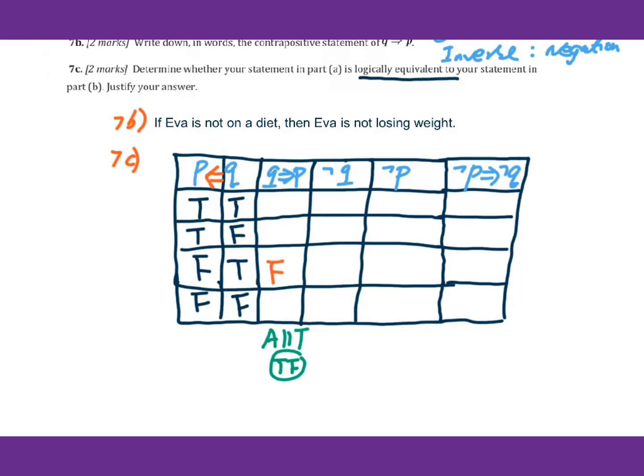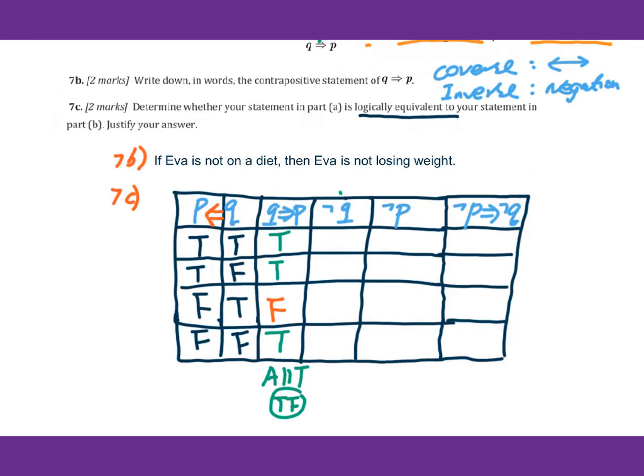This will be false. Rest of them will be true. Not Q, you have to check this column. Opposite of Q, this will be false, false, then true, true. Not P, you have to check this, so you have false, false, true, true.